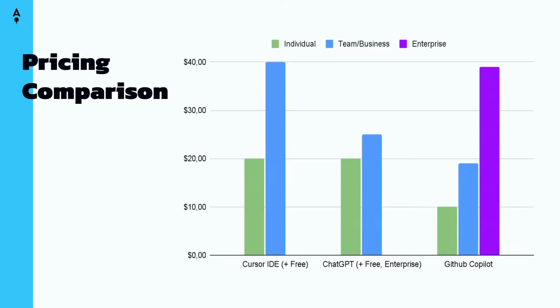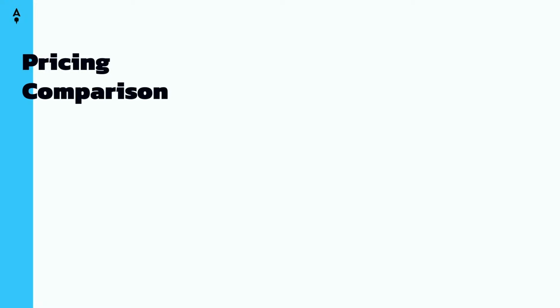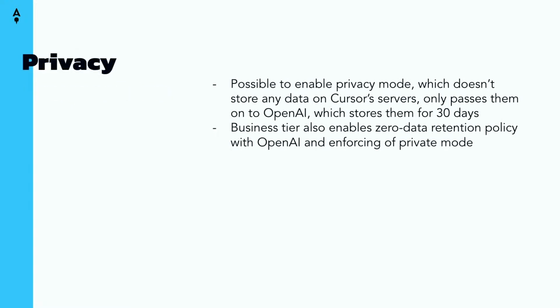And ChatGPT is, of course, something a little bit different, which is still useful. And I think it sometimes gives you actually better answers in the chat. So I personally use both ChatGPT and Cursor, but I don't really use Copilot anymore.